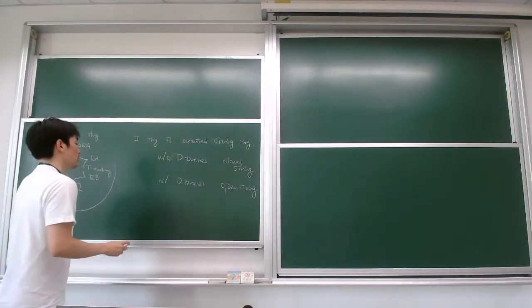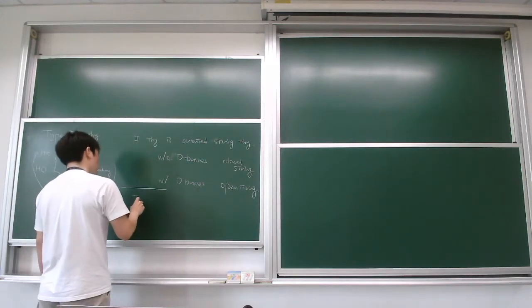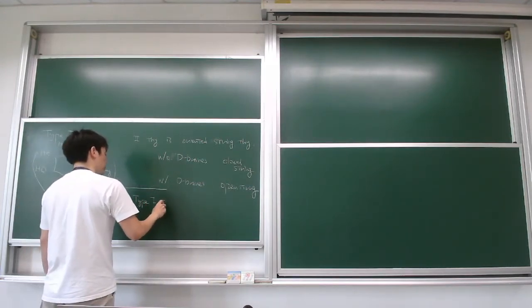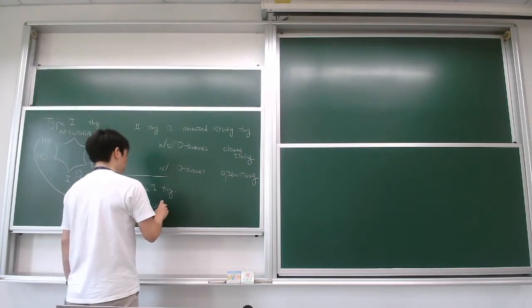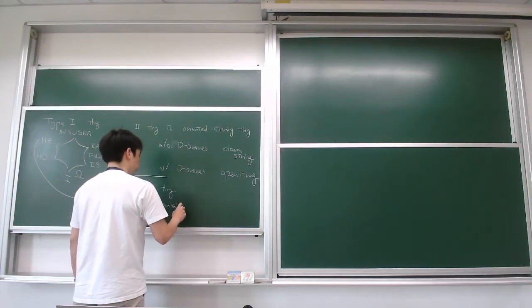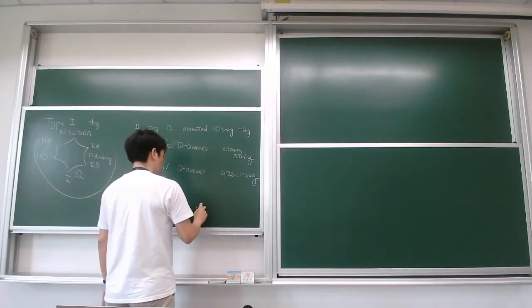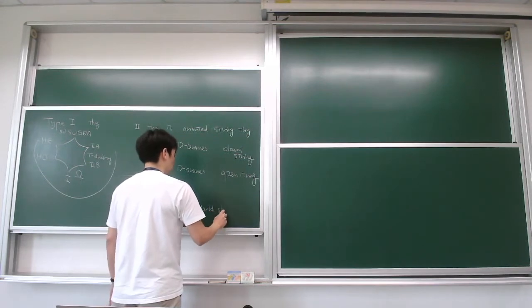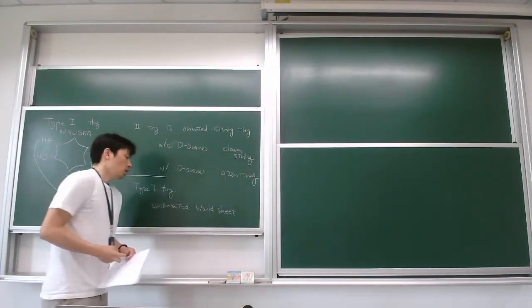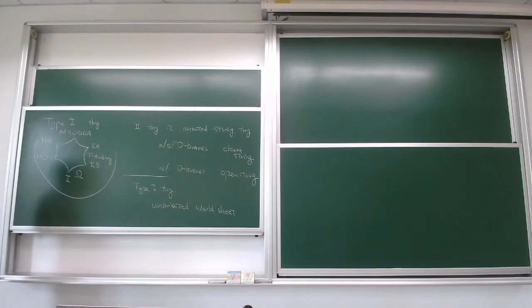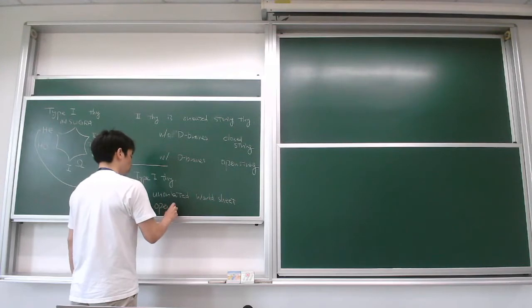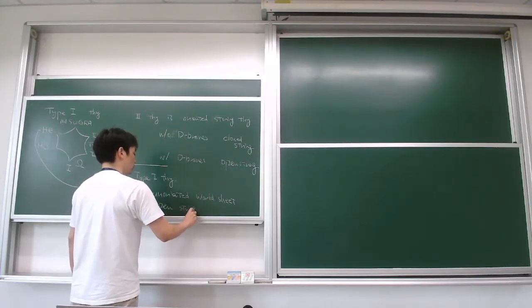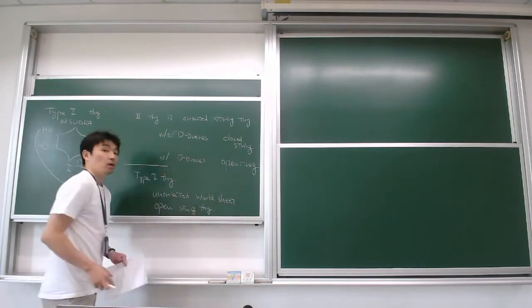From now, we are going to introduce type 1 theory. It has unoriented worldsheet, including unoriented worldsheet, and moreover, it's an open string theory.